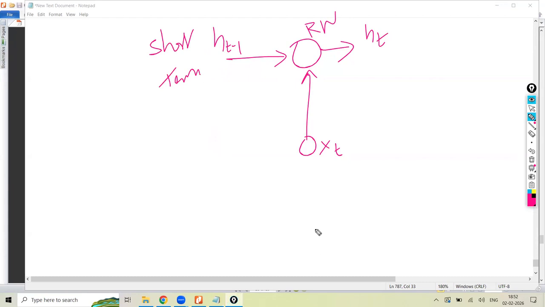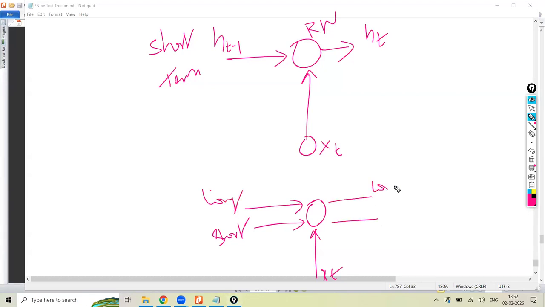Now, in the LSTM, the input is the same, but additionally you get two: one is short term, one is long term. Output also, you will get two: one is long term and one is short term.